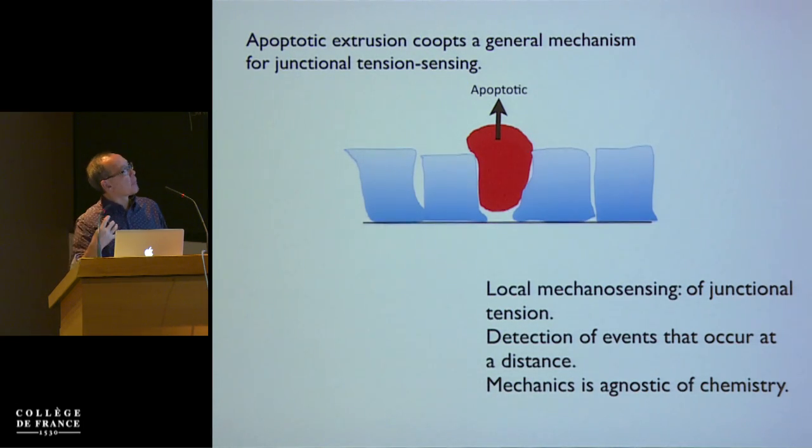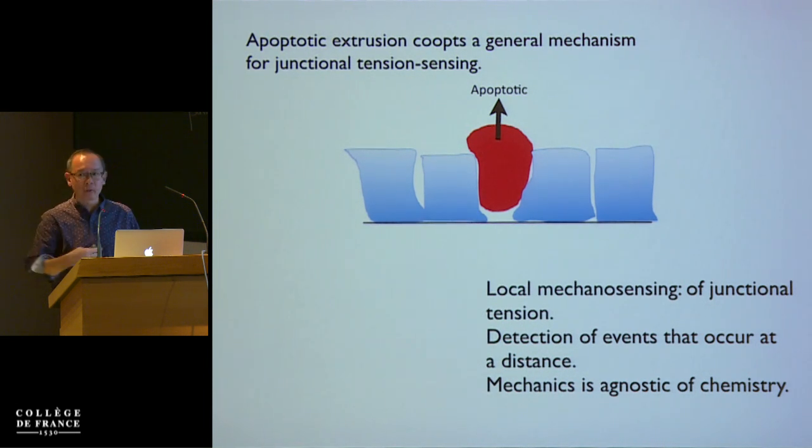So let me finish. What I'd like to suggest is that apical extrusion or apoptotic extrusion represents a way in which a sort of basal mechanosensing property of cell-cell junctions can be used for tissue homeostasis.